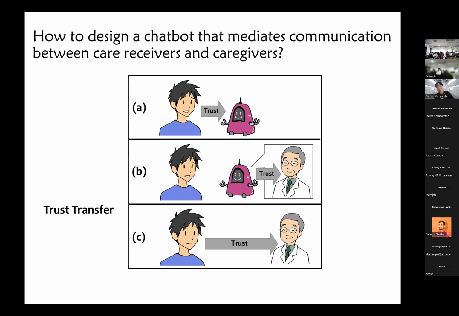But I found it very difficult. Even though I interviewed some of the family caregivers, they don't say the truth. They try to hide certain things. The recruitment was really, really difficult, so I failed in getting participants.